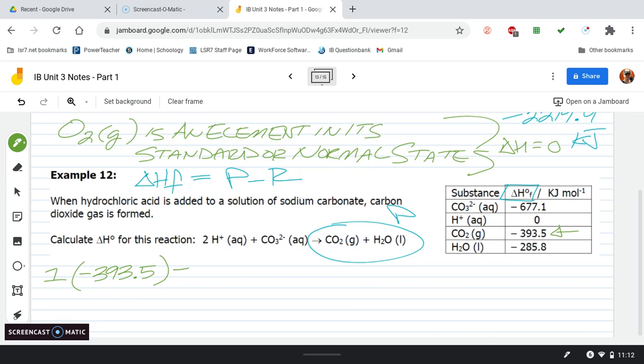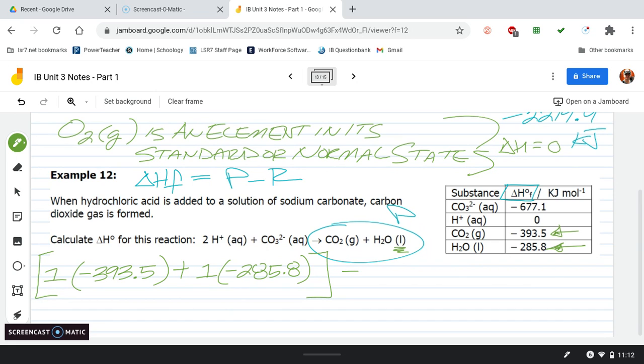Going to add that to the water. So we're going to do 1 multiplied by water's value. Now notice this is liquid water and this is also liquid water. So that is a good thing. Negative 285.8.